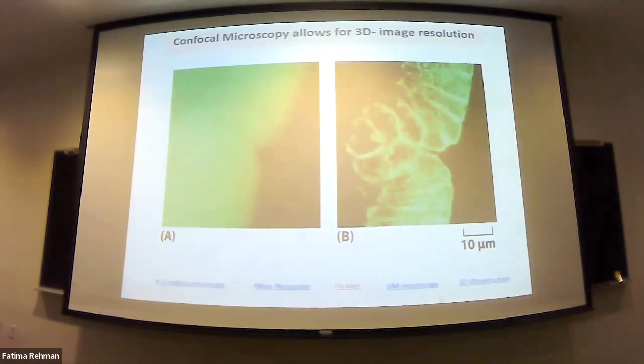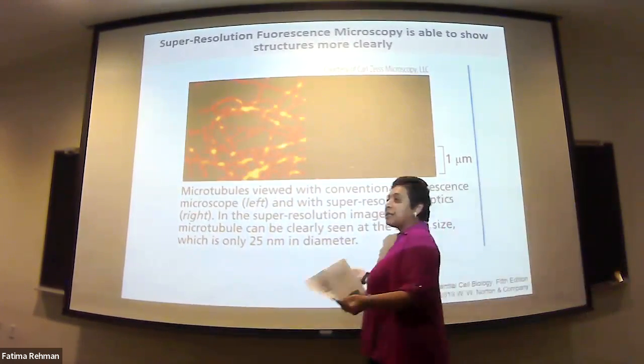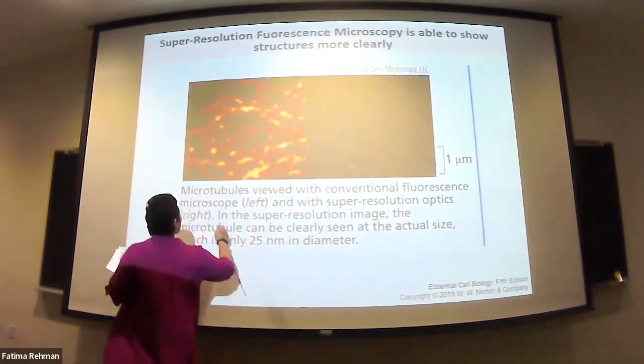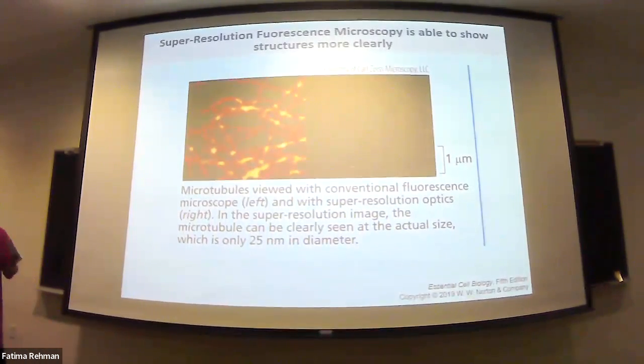So finally, there is this super resolution microscopy that is nowadays the new hot thing. With conventional fluorescence microscopy, even a confocal, the resolution you get is still a little blurry. It's not as clean.